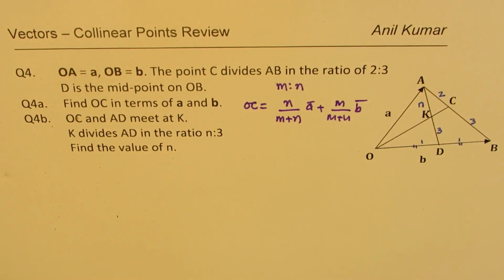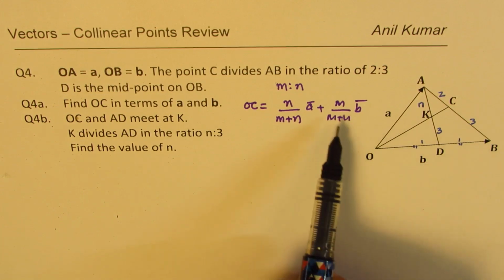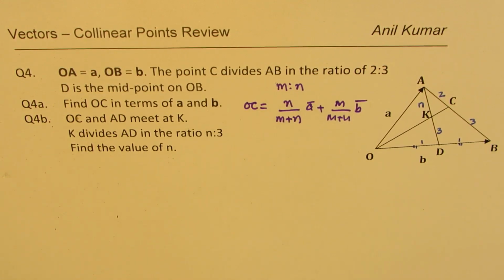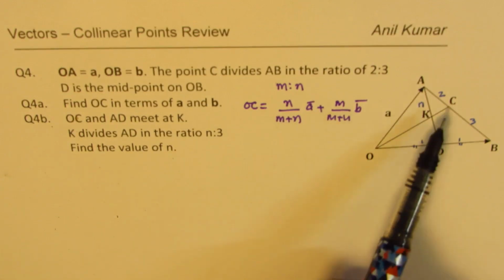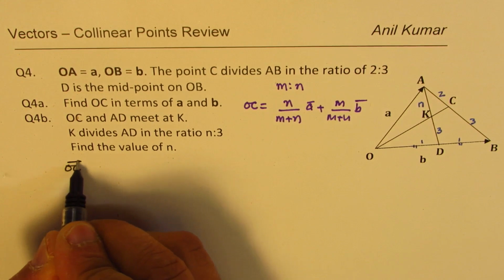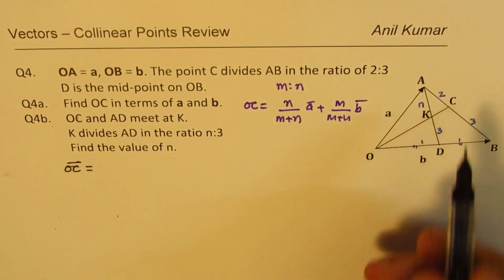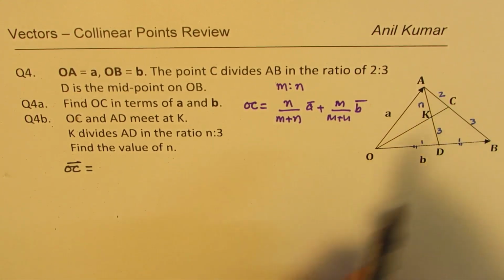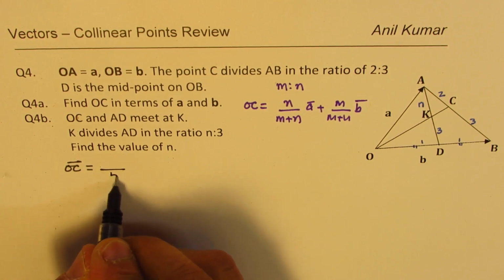It can be utilized for external and internal both. If it is external, somewhere outside, then we take a negative value, so n becomes negative. We are straight away going to use this formula and write down the result. For us, what is OC equal to? The sum is 2 plus 3, 5, so the 5 in the denominator is clear.